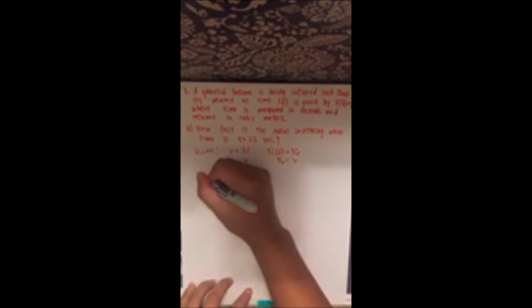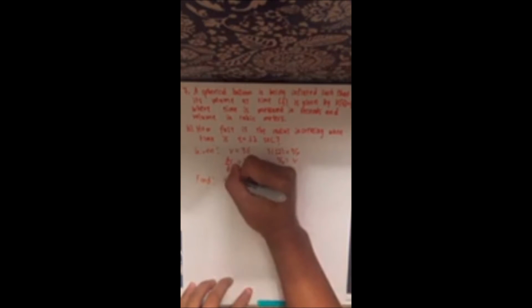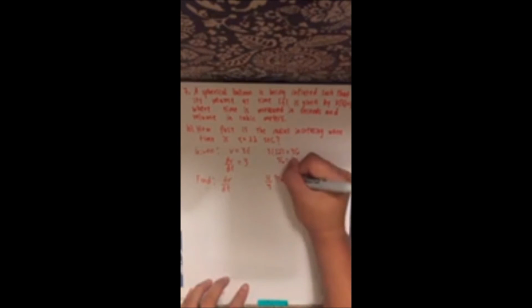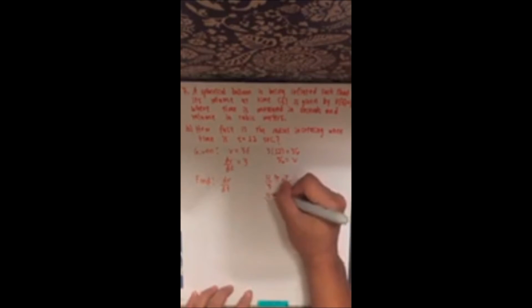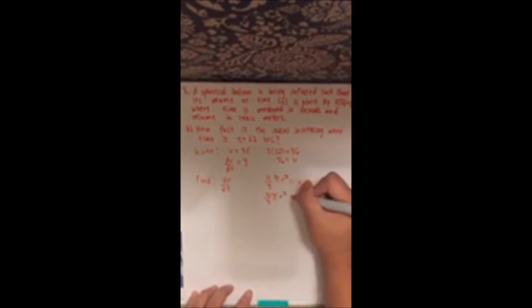We're trying to find the rate at which the radius is increasing, and we would use the volume equation for a sphere, which is 4/3 pi r cubed. So first we would want to solve for the radius. We know that V is 36, so we would divide this by 4/3 pi.